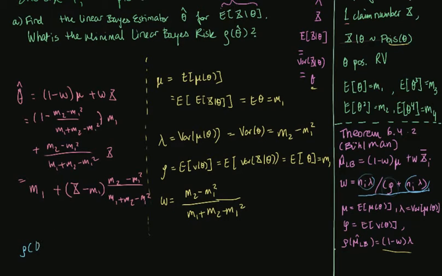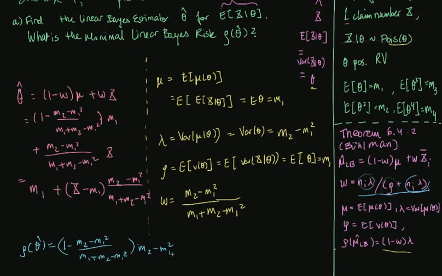Rho of theta hat is equal to 1 minus w, then multiplied by lambda, and lambda was equal to this thing, m2 minus m1 squared.